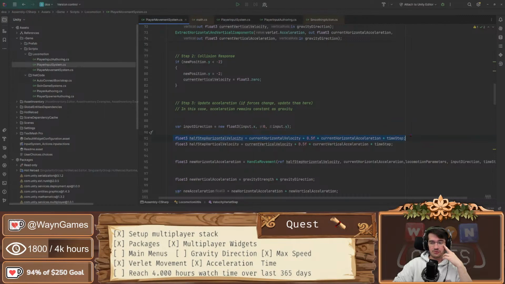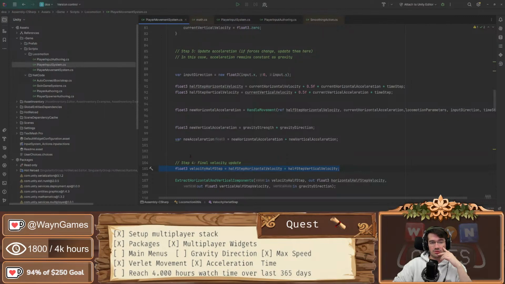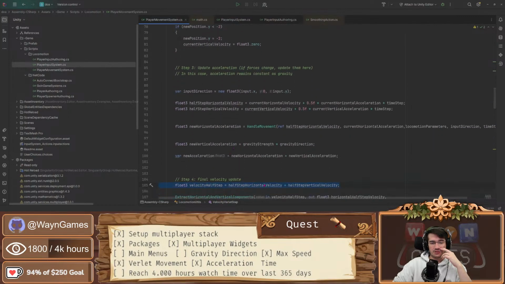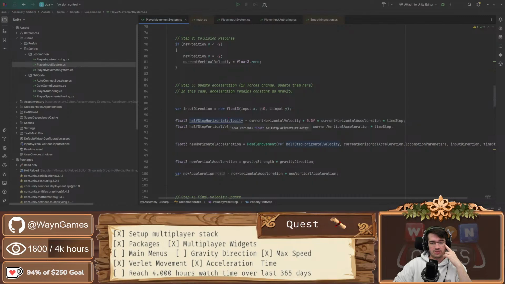In a previous stream, I moved the half velocity computation in the step 4 here. And in fact, I think I should move it all the way up, almost all the way up, because basically this one, if we walk it back, we have the half step velocity, which is the horizontal one here.